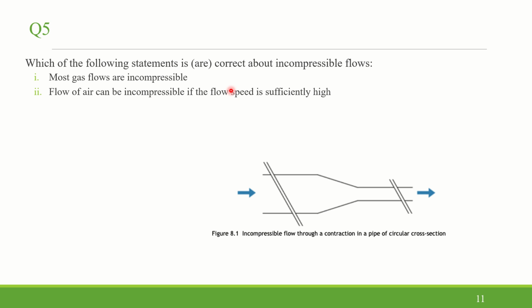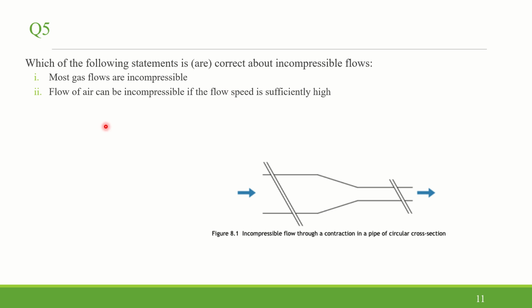For compressible flows of gas, the Mach number should be greater than 0.3. If it is less than 0.3, we call it incompressible flow. So we cannot generalize the statement, because the gas flow equations depend on the Mach number, so it is false.